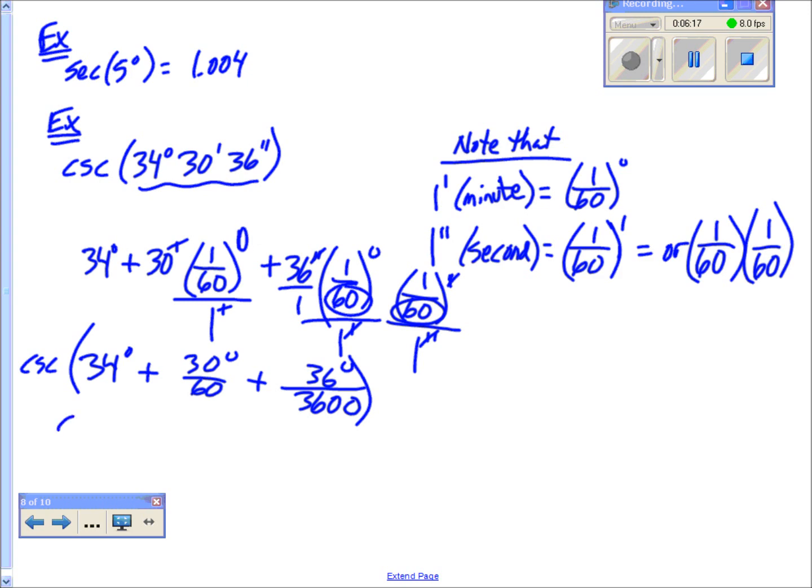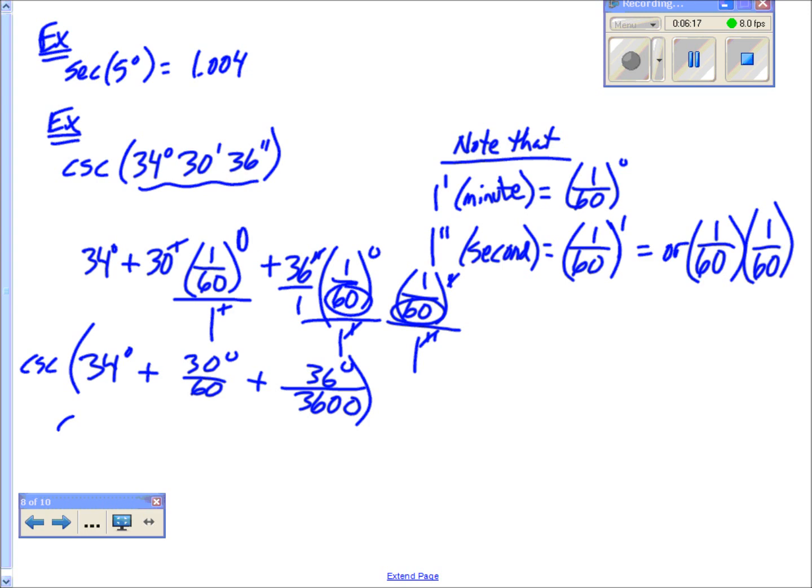Let me punch that in: 34 plus 0.5 plus 0.01, so 34.51 degrees. And now I'm taking the cosecant of that.